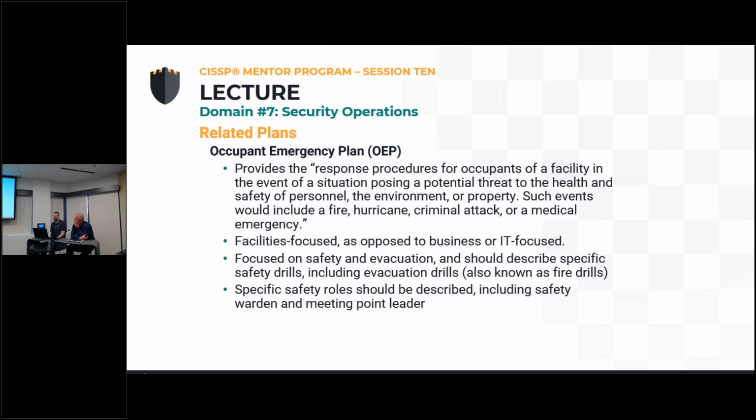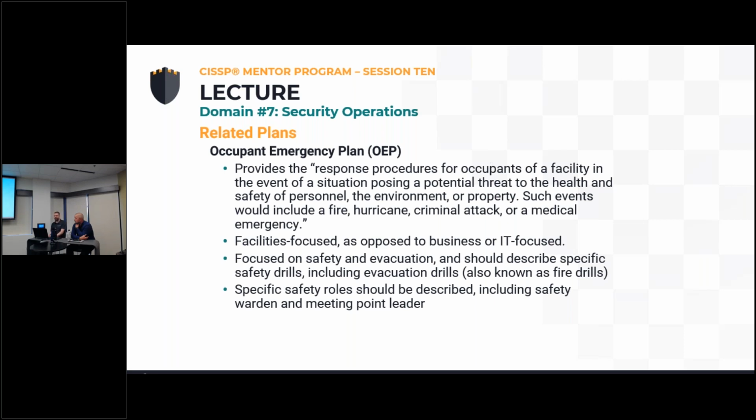Occupant emergency plan. So this is all about human safety. How do we get people out? List all the different disasters that could happen. It could be, you know, a big one now in the news, active shooter, tornado, hurricane, blizzard, chemical spill. What are we doing for people in those situations? How do we keep people safe?